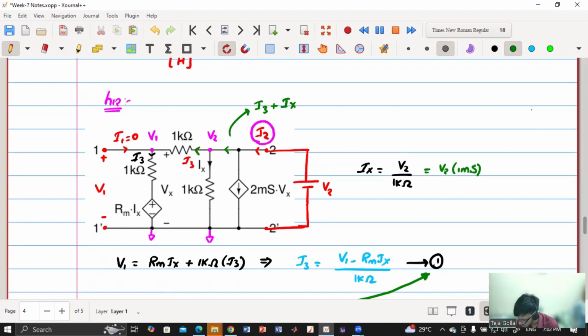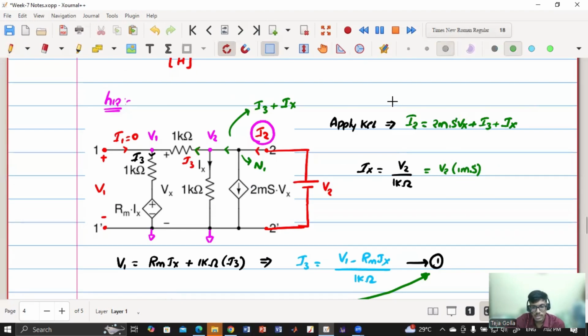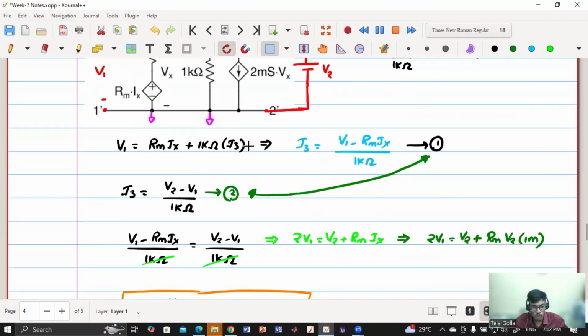So now if I consider this as some node N1 and apply KCL, then I'll get my I2 to be 2 millisiemen into Vx plus I3 plus Ix.